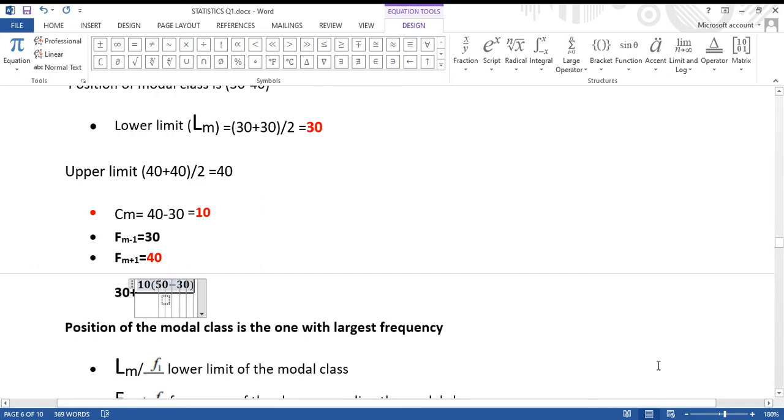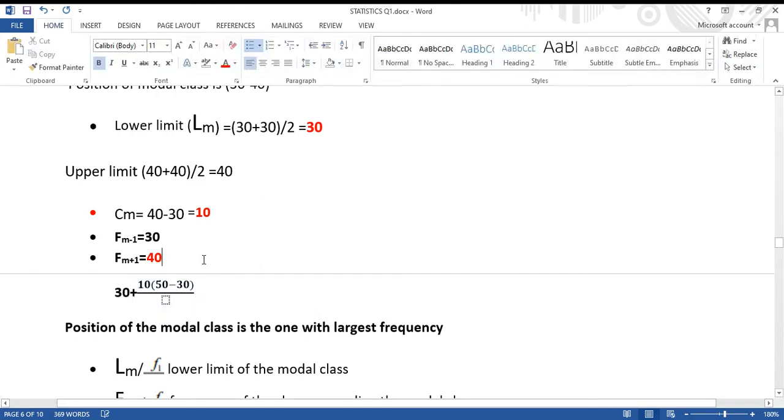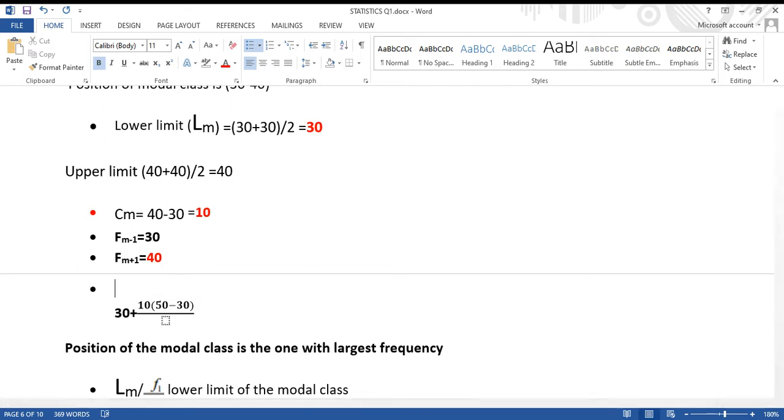Let me just bring the formula nearby so that we see how these numbers are being substituted. So just hold on. Let me bring that formula close by. Yes, there it is.